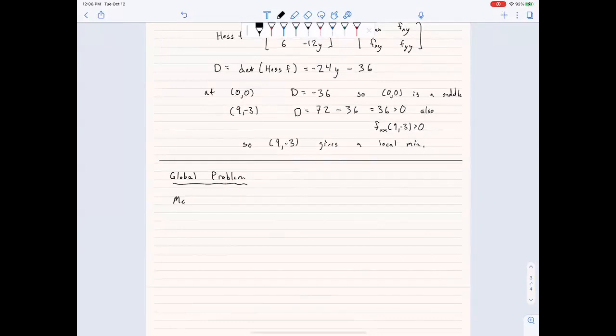So the method that we have is, first, solve the local problem. In other words, find your local extrema.